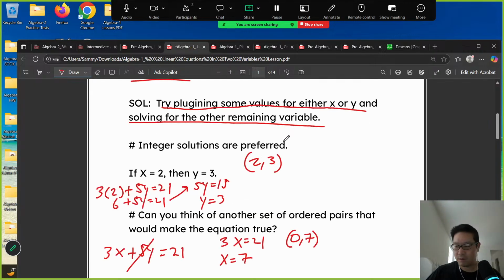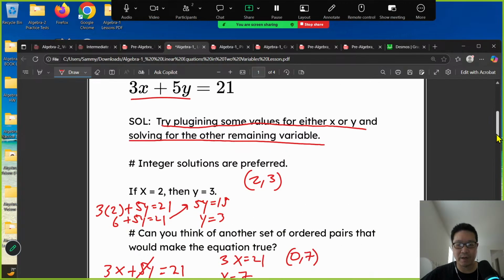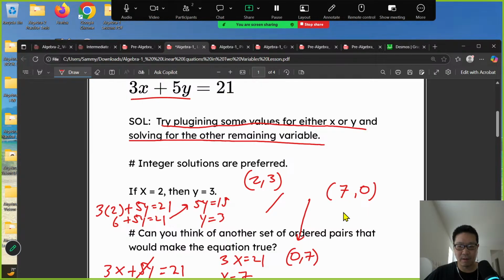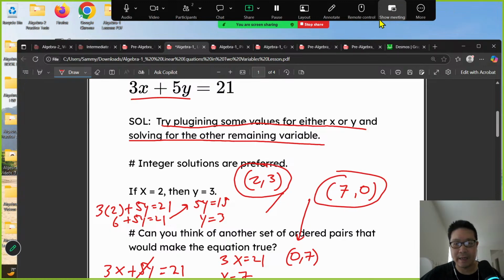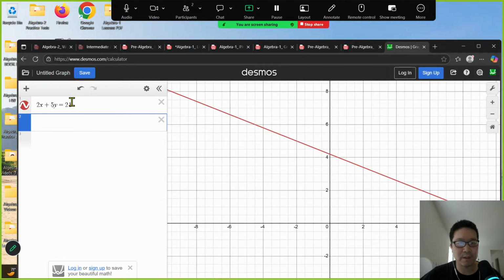It's 3x, not 2x. I made an error for the other example. So when y is 0, x is 7. The possible solutions that we've come up with are 2 and 3 and 7 and 0, and the equation is actually 3x plus 5y equals 21.